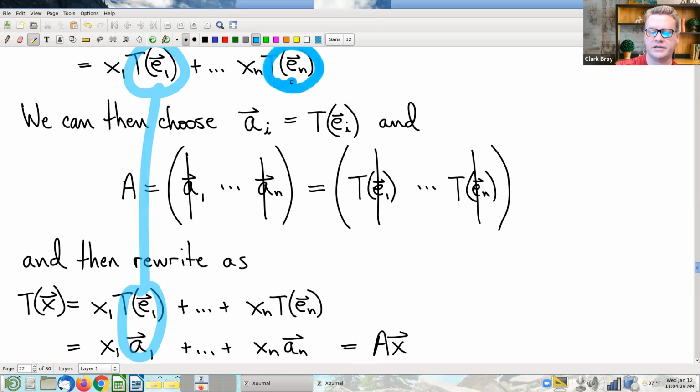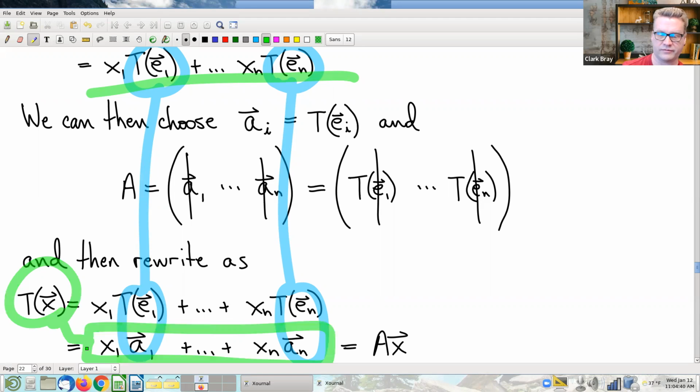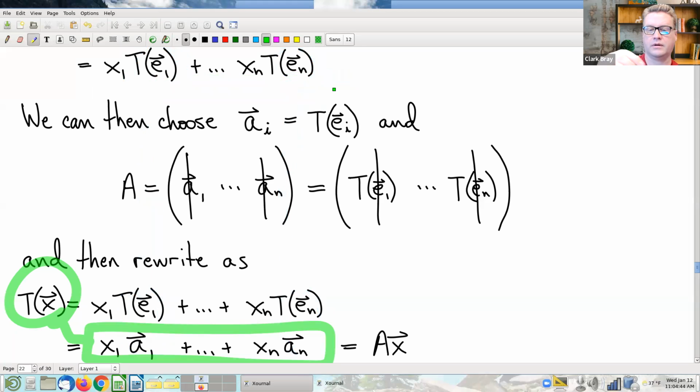All of these turn into A's, and my linear combination of the T's turns into a linear combination of my columns. That's exactly AX.